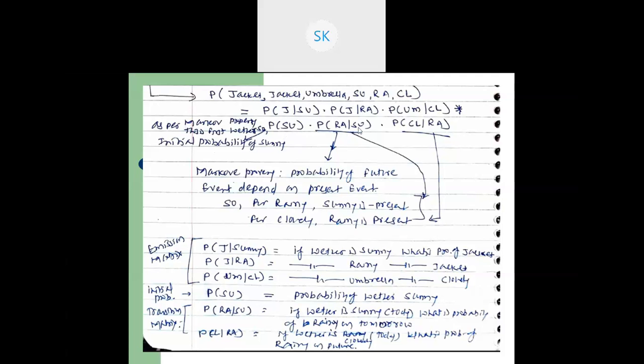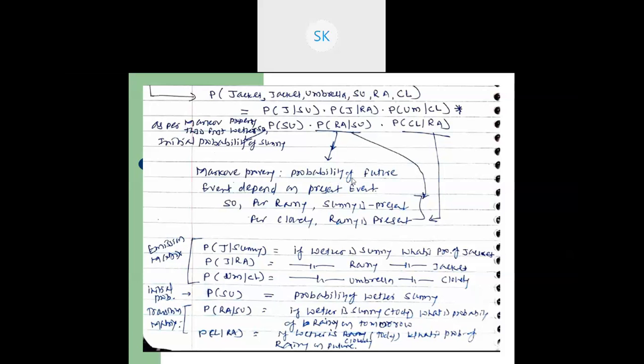Now see here, we haven't taken probability of sunny, probability of rainy, and probability of cloudy directly. As we have seen, the joint probability of A and B is probability of A by B into probability of B. That is fine up to probability of sunny. As per the Markov property, this is the first weather in our first state that we started with, so the initial probability of sunny is taken, probability of SU, and then probability of rainy by SU.